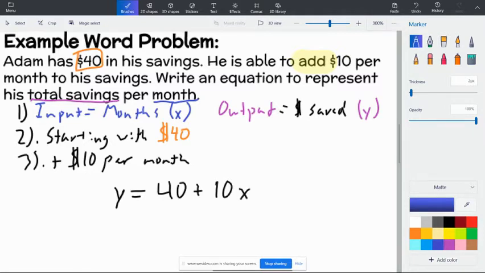Okay, if we color code this, our input month is going to be our x value. 40 would be our starting amount. Our output, y, is what we're actually going to get. And so that y will be the total money saved.